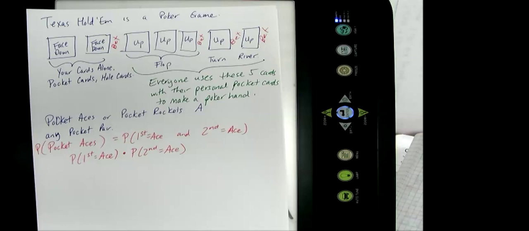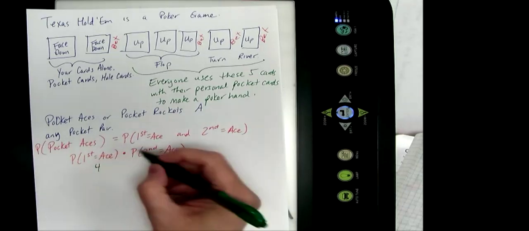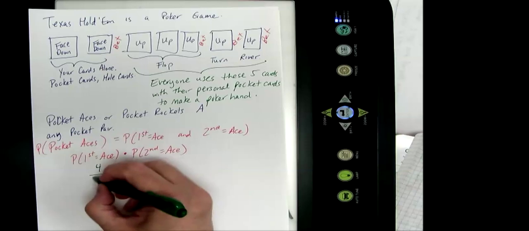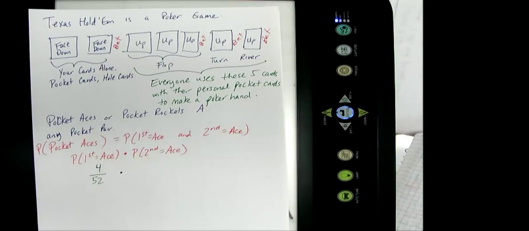Fresh deck. How many aces are in it? There's 4 aces out of how many cards? 52. Second card. How many aces? There's only 3 left now, right?